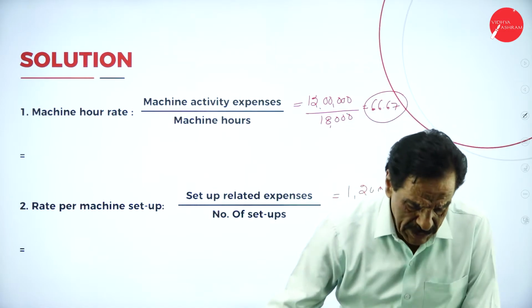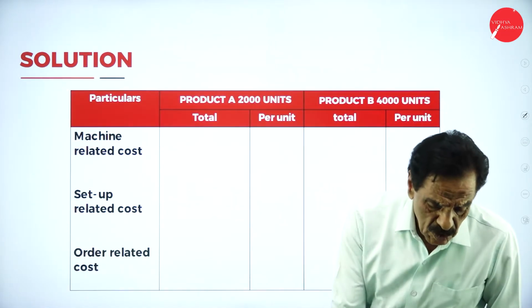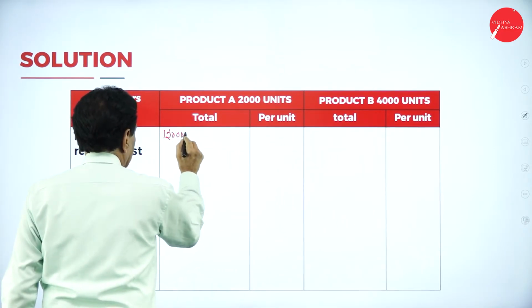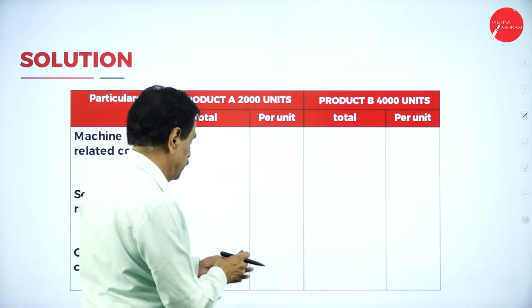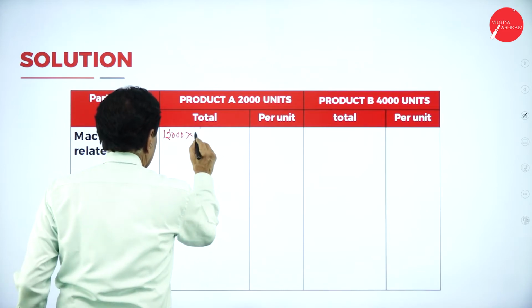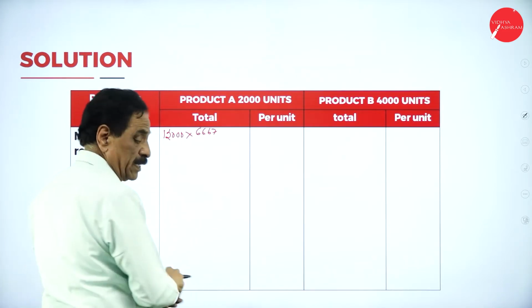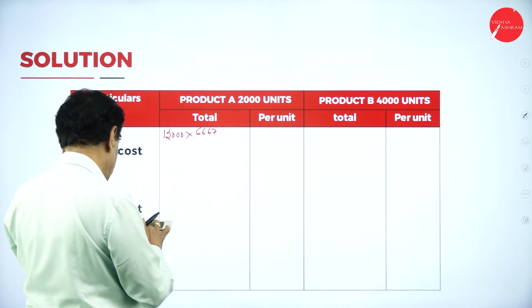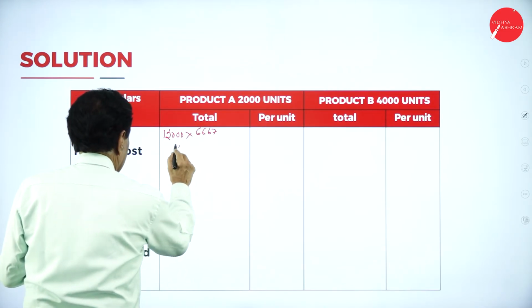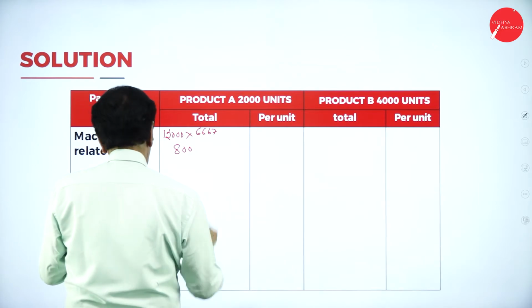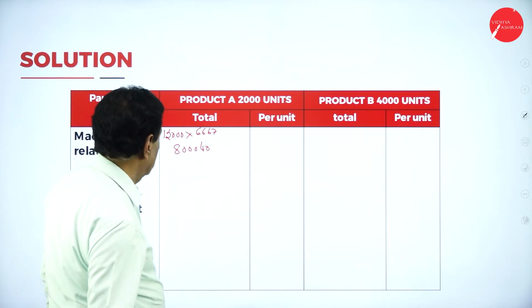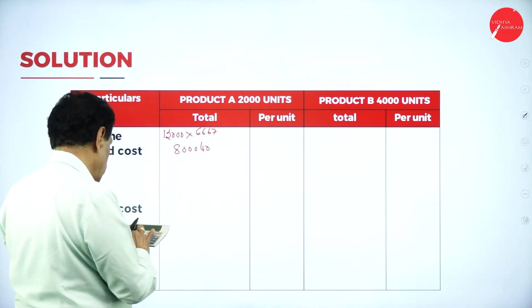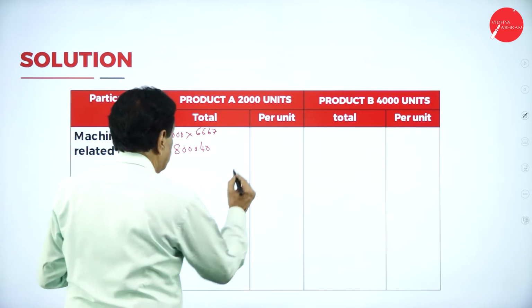Machine related cost: 12,000 multiplied by 66.67 gives 8,00,040. This cost divided by 2,000 units gives 400.02.